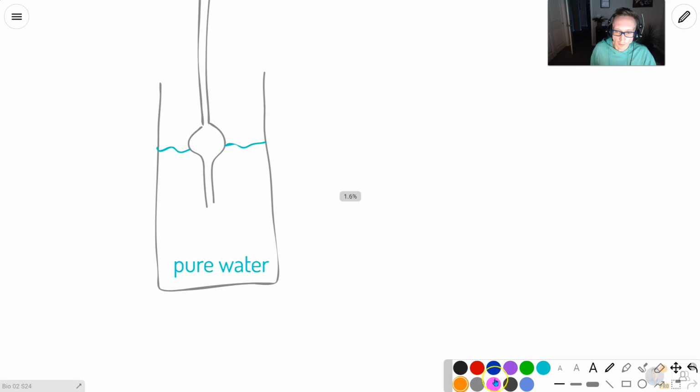There's a little tiny membrane that we've added across the bottom of this. Let me draw that a little fatter. This would be a semi-permeable membrane that's permeable to water, not salt, let's say.